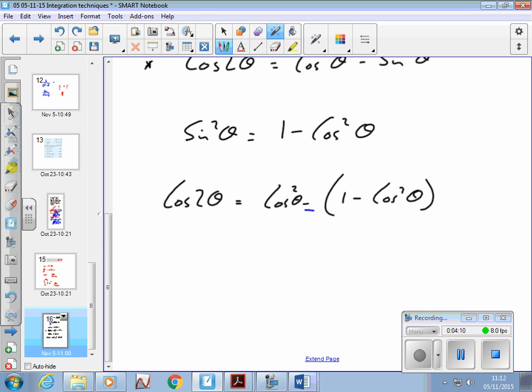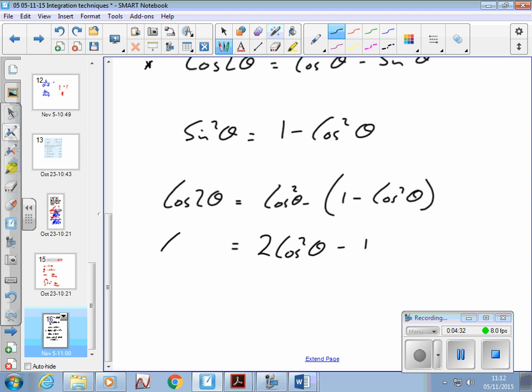I'm minusing each of these terms inside this bracket, so just a little reminder of basic algebra ideas. Minus 1, but minus minus cos squared theta. So I end up with cos 2 theta equals cos squared theta plus cos squared theta, which is 2 cos squared theta minus 1. Write that down and just pause and check you see that makes sense.